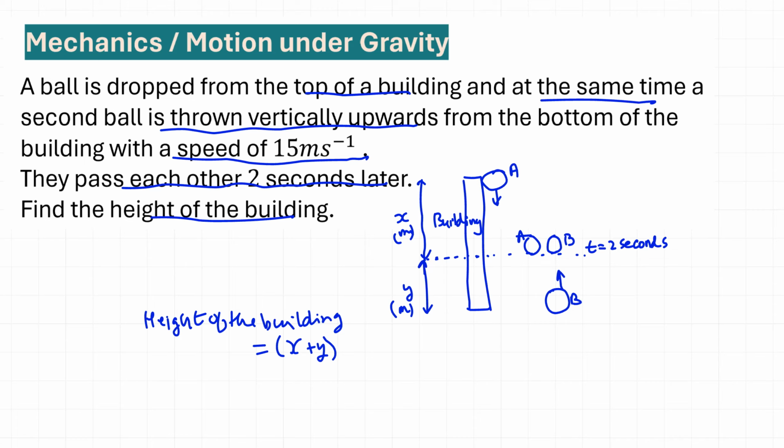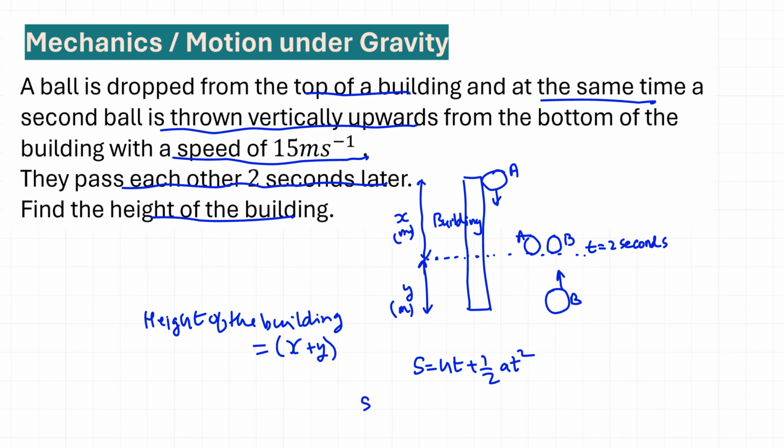Now, how do we find out what that is? So we will apply the formulas. We know that distance s is ut plus half at squared.